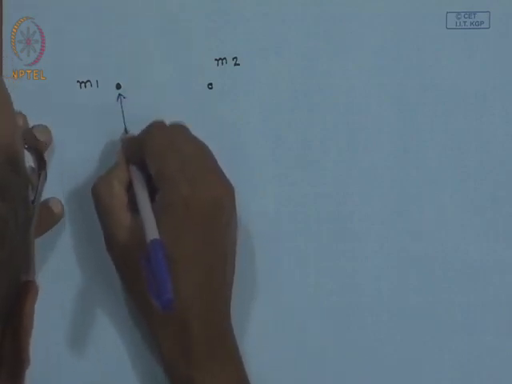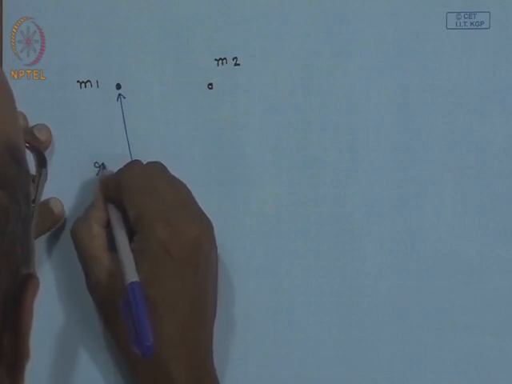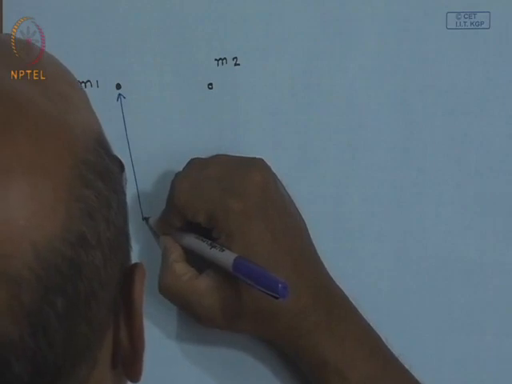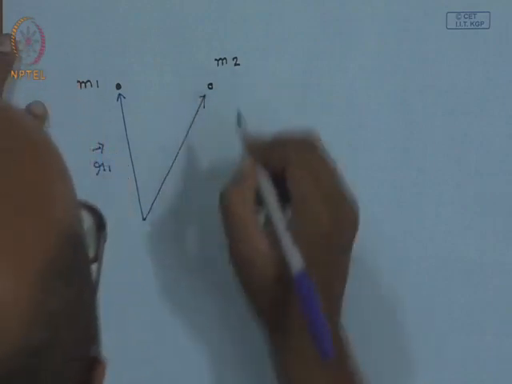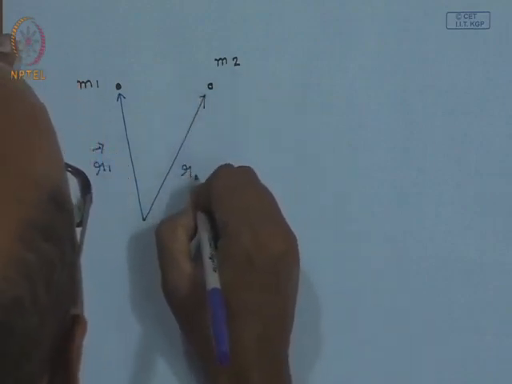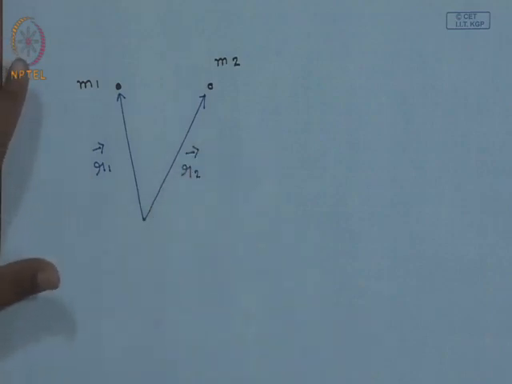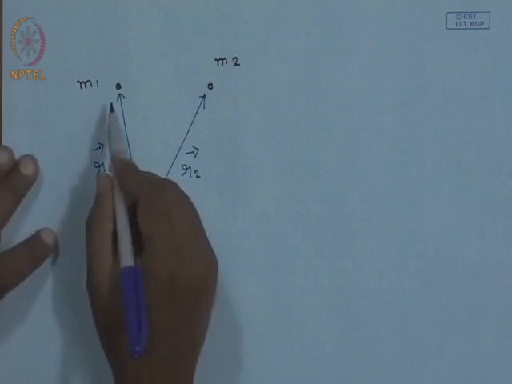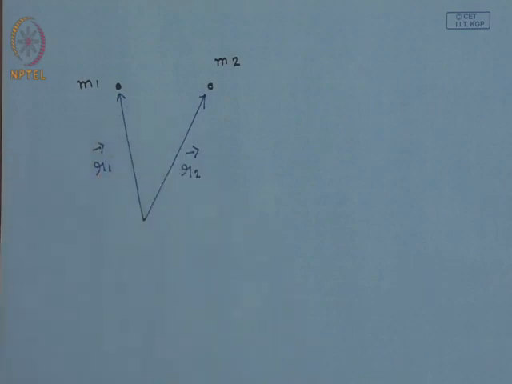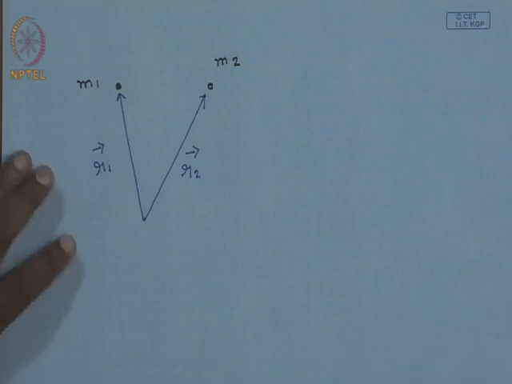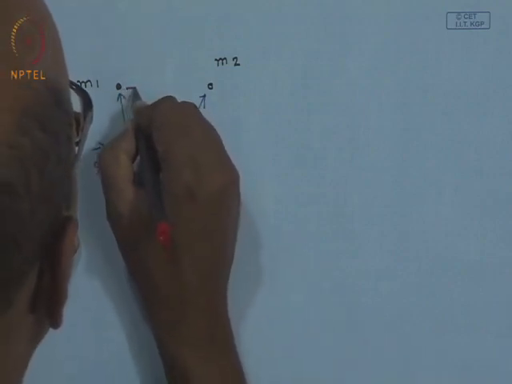So, this is the vector r1 with reference to some arbitrary origin, this is the vector r2 corresponding to the two different masses, and these masses may be comparable. So, this is the system that we refer to as a binary. For example, we may have two stars in a bound orbit. Okay. So, this is the system that we are interested in, and let me write down the equation of motion for this system.